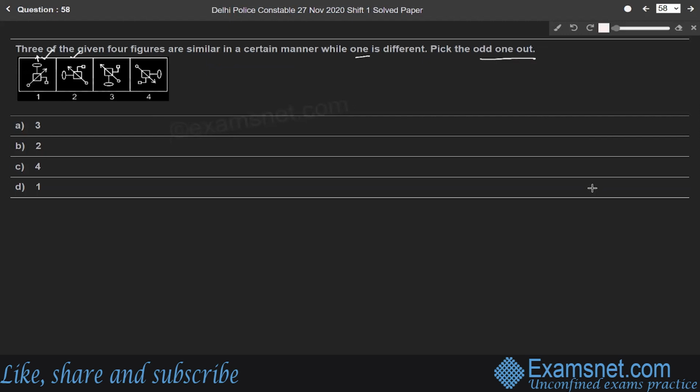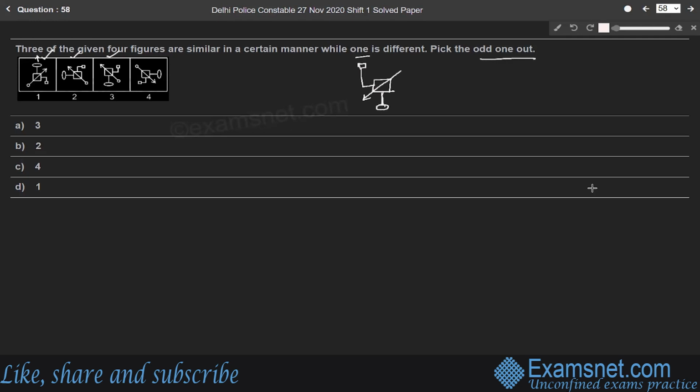In the same manner, in the third case, if the same rule is applicable, the center of the figure is a square, the oval shape should be in the south direction, the arrow mark should be in the southwest direction, and the small square should be in the north direction.